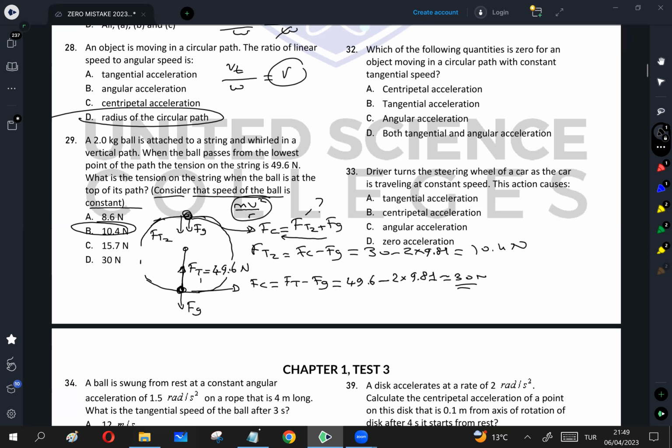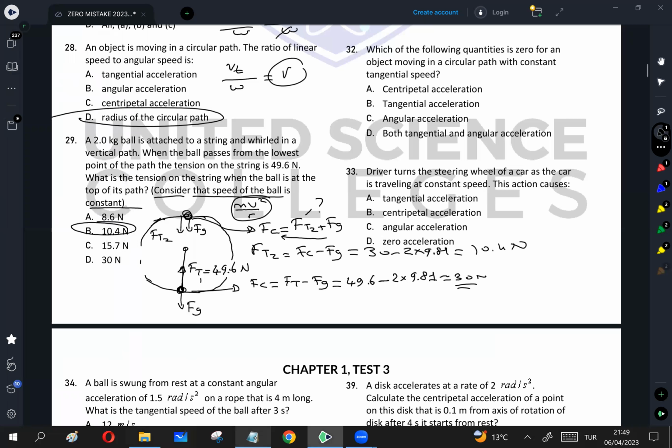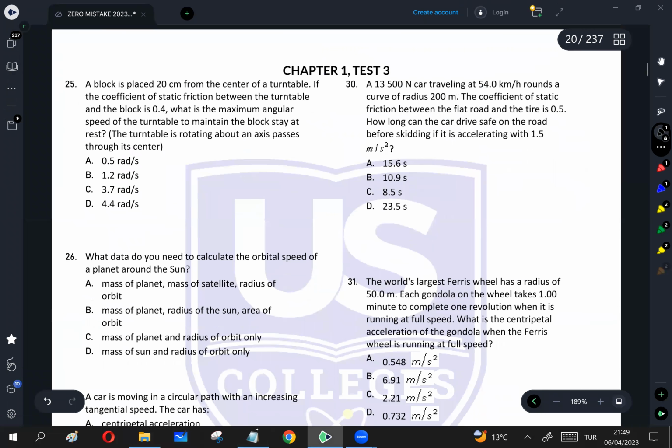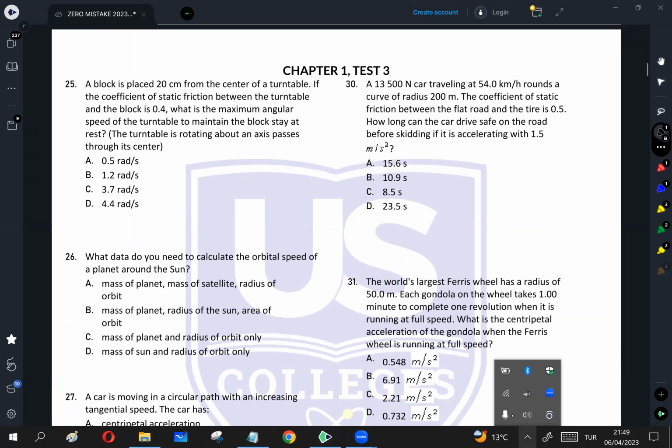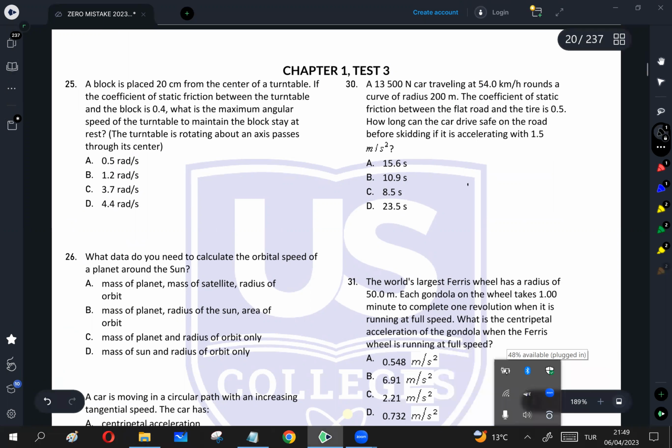After 29, we have 30, 31, 32. A 13,500 newton car traveling at 54 kilometers per hour runs a curve of radius 100 meters.